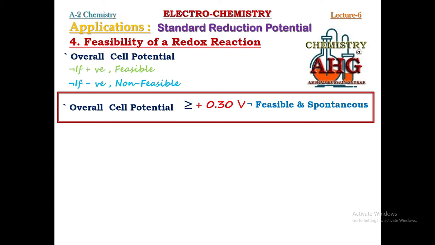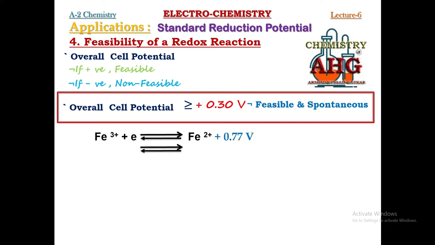Now let me give you some examples where I will explain how you can answer this type of question in your A2 exams. First of all, the simplest possible type of question to decide about the feasibility of a redox reaction: you can be given two half cells in a question, and along with those half cell equations you will be given their standard reduction potential values.